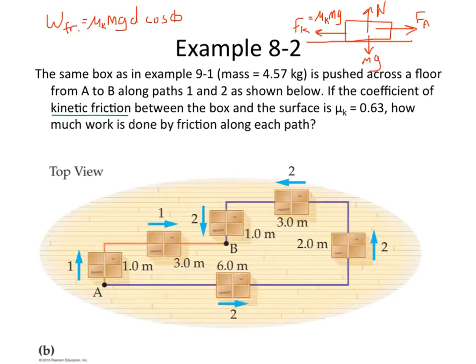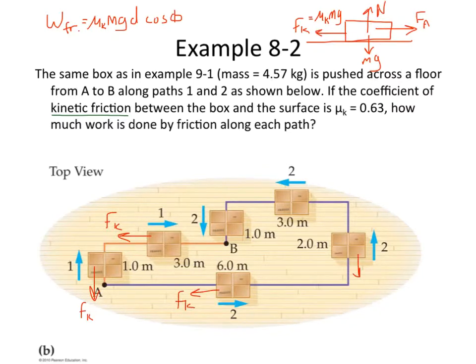Now, think about this for a second. If you're pushing a box around the floor, regardless of what direction you push it in, what direction does friction act in? It always acts against the direction of motion. Friction inhibits your motion. So for line one, you're moving it this way as indicated by the blue line, but kinetic friction is acting against it.